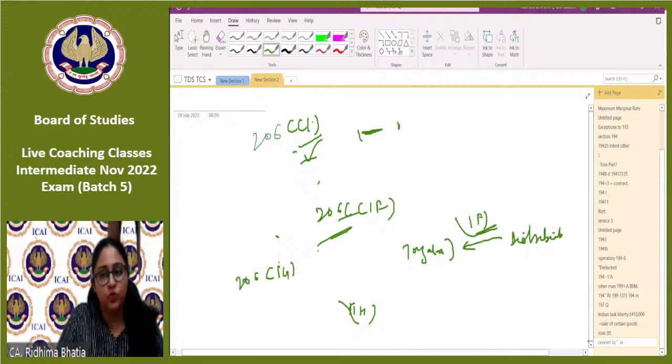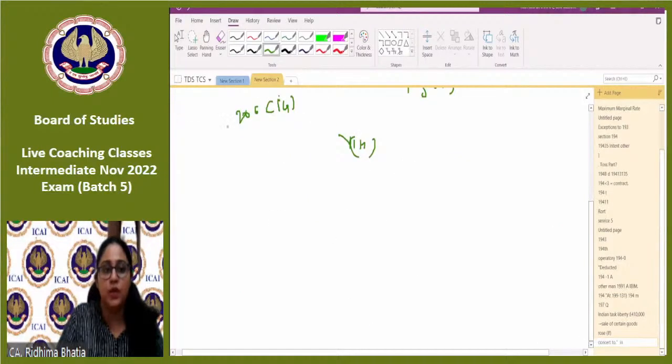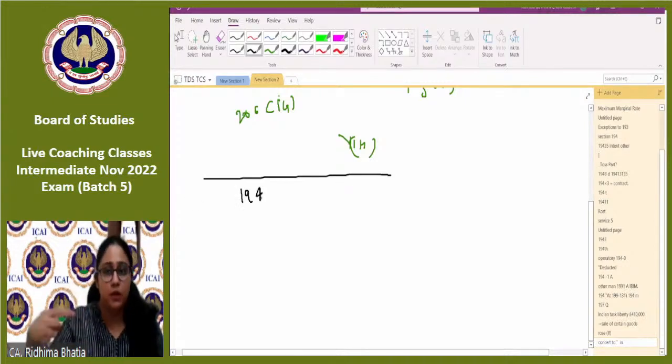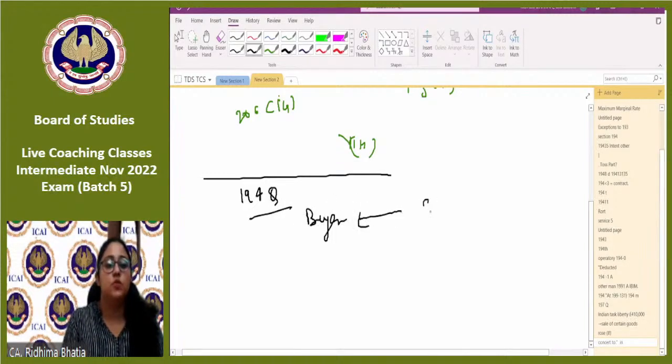First let's quickly revise 194Q. Everyone on the screen, confusion would happen if you run ahead of what I'm explaining or lag behind it. Let's go together. What was 194Q? The buyer is purchasing goods from the seller.